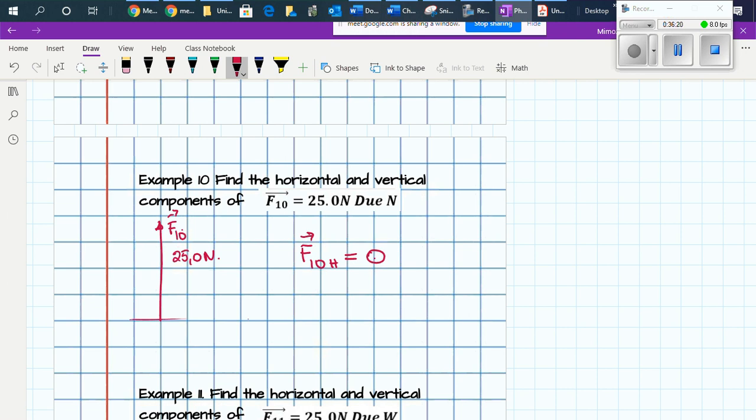There is no way that we can create a right angle triangle here. The horizontal component is equal to 0, while the vertical component of this vector is the magnitude of it in the positive direction, positive 25 newtons.